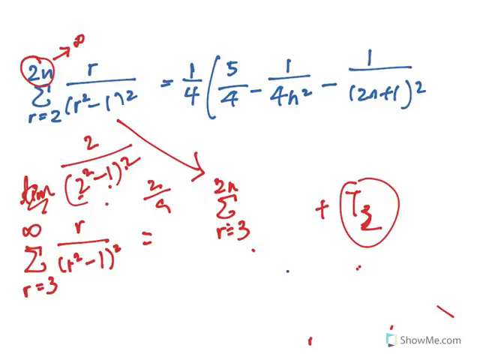Okay, so I say again. I want to find this, right? Let R equals to 3, R square minus 1. This is the same as I take term 2.